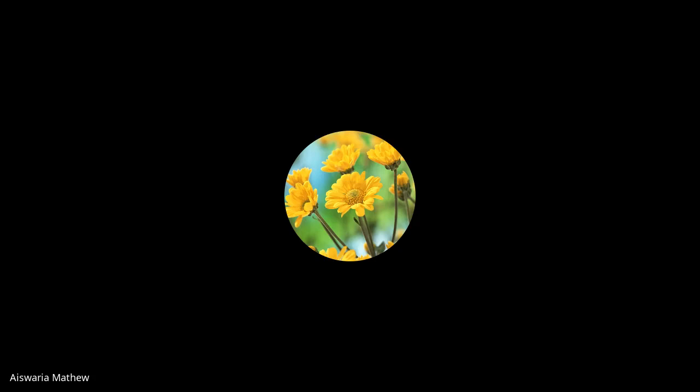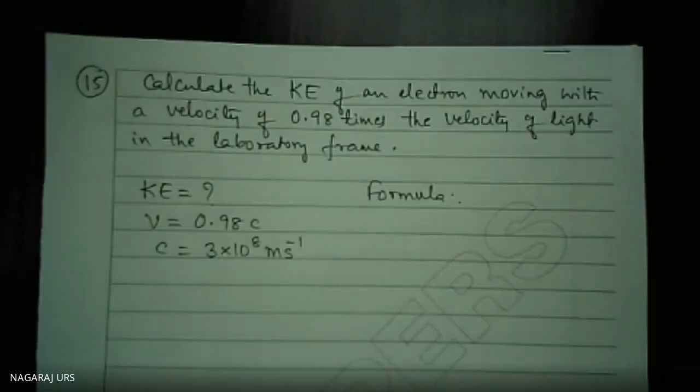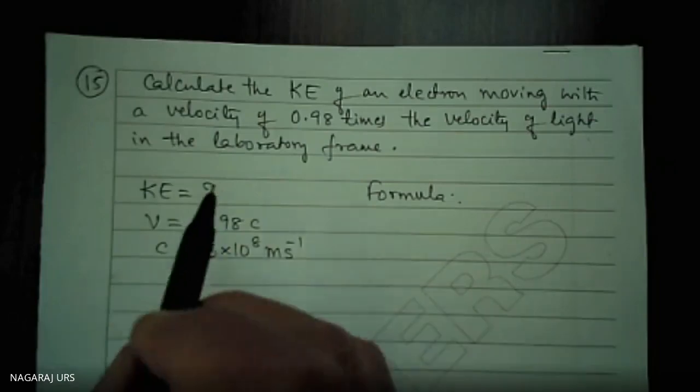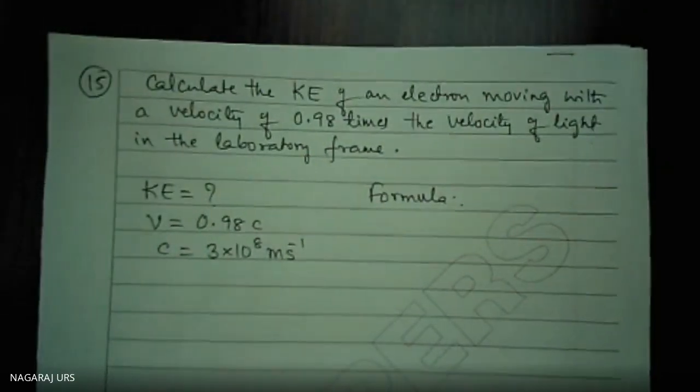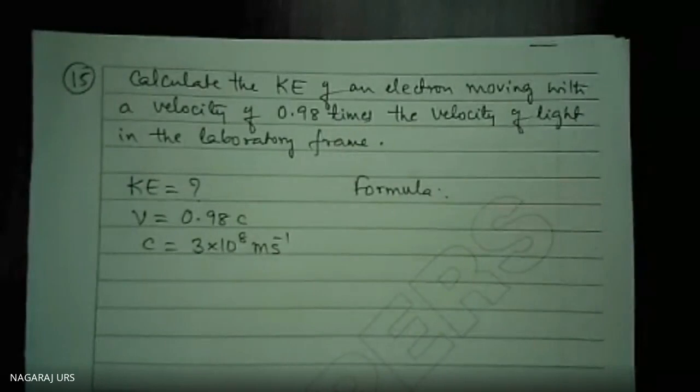Half m v square. No, no. You are not in second PUC. Don't forget, you are in final BSc. I told you already. Directly kinetic energy, half m v square, sir? Oh, it cannot be. Then why did we study Einstein's relativity idea?